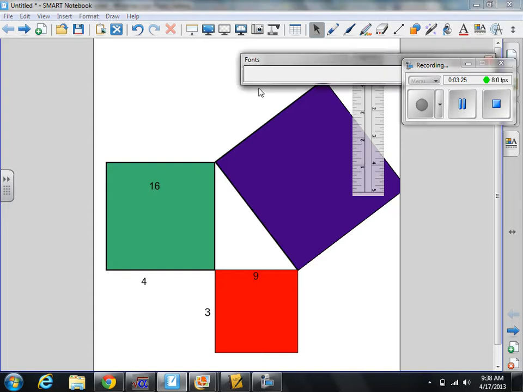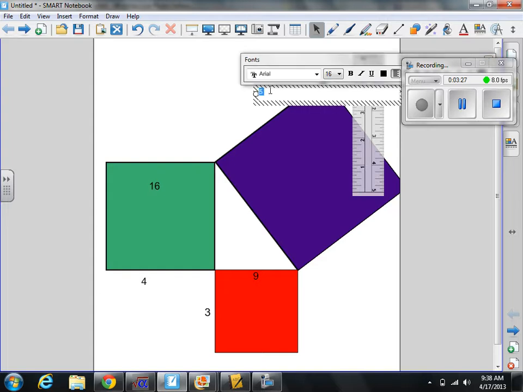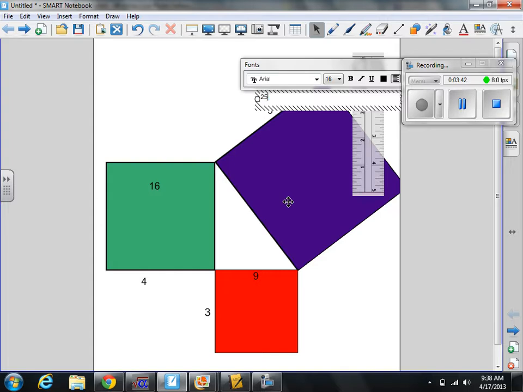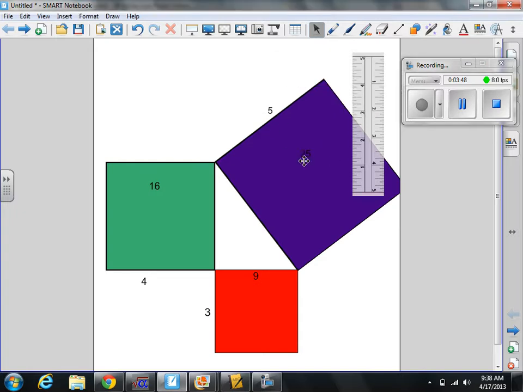So remember, this one measured 5 by 5. All right, so if each of the sides here measure 5 by 5, what's the total area of this big blue or purple square? And hopefully you are saying 25. That's the area for this shape.